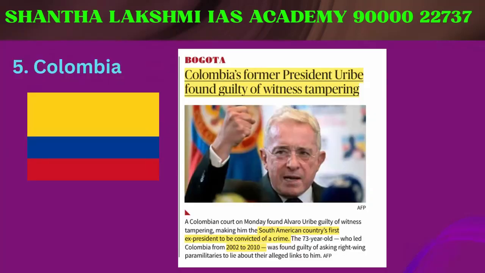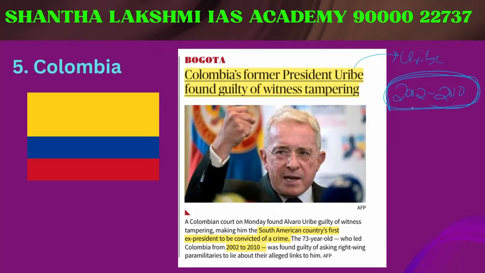And next, moving to a final topic, that is Colombia. So why are we discussing Colombia now? See, there is this Colombian ex-president named Uribe. Uribe served as a president from 2002 to 2010.